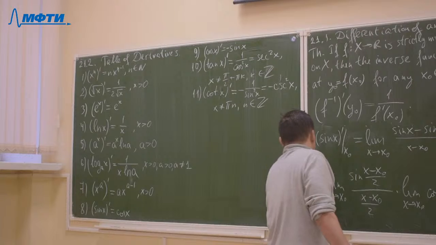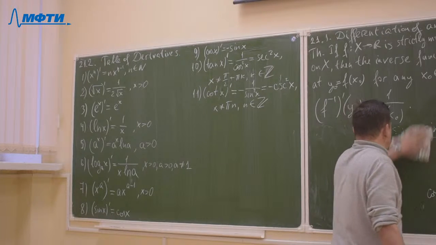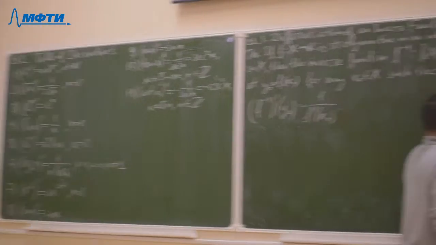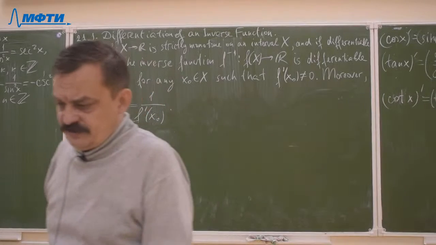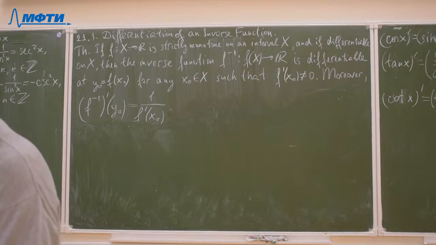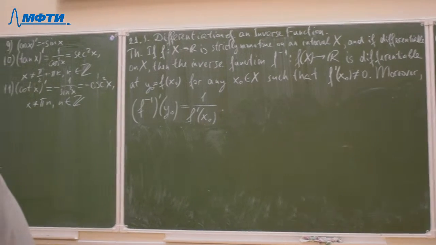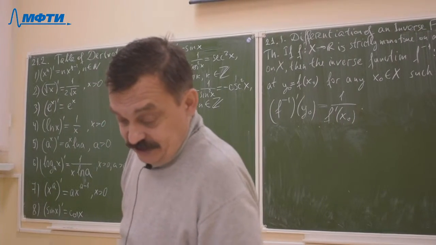Now inverse trigonometric functions, and I should explain my position. In your textbook, inverse trigonometric functions are denoted in a more traditional manner. In fact, I prefer the same notation as in your lecture notes.